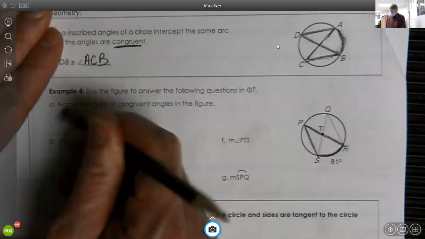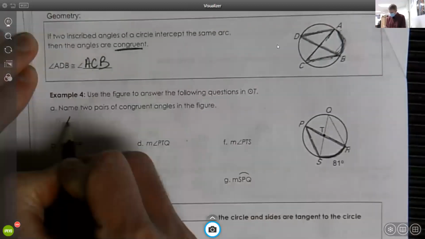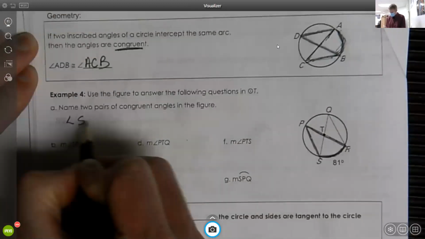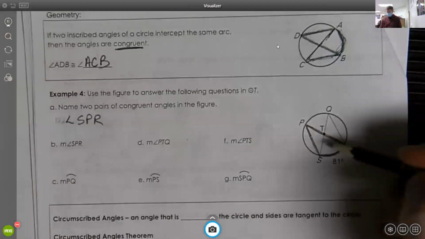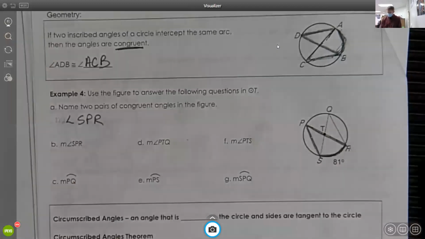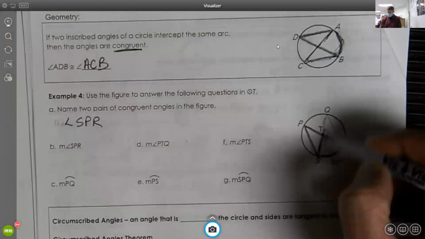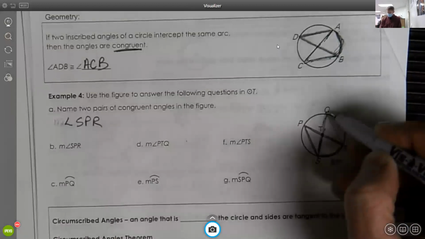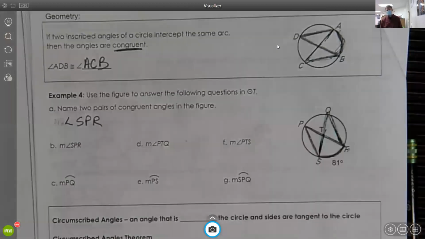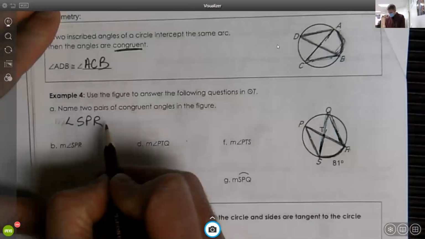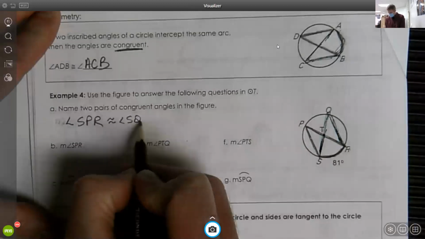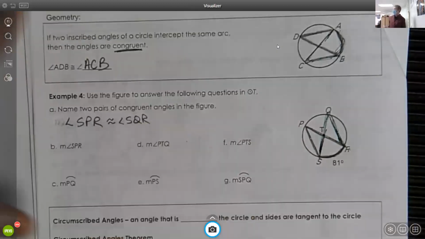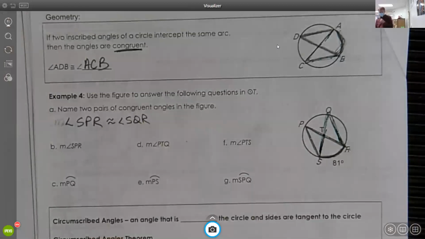Sorry. We're going to say that angle SPR is going to be congruent to the angle that is formed coming in this direction, because both of those angles intercept the same arc. So that would be congruent to angle SQR, because both angles intercept the same arc.